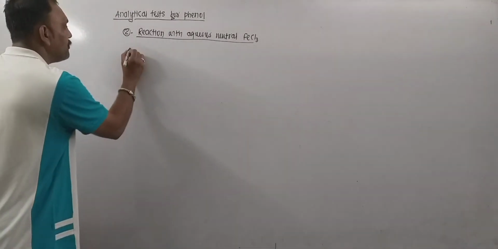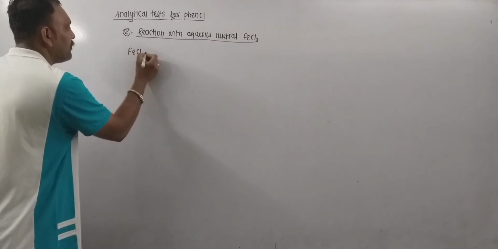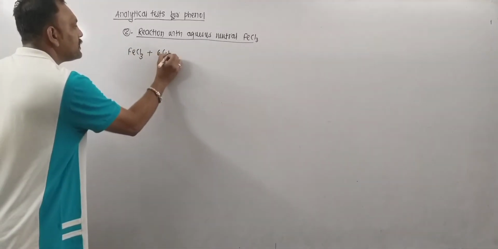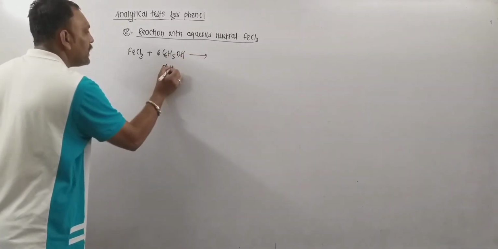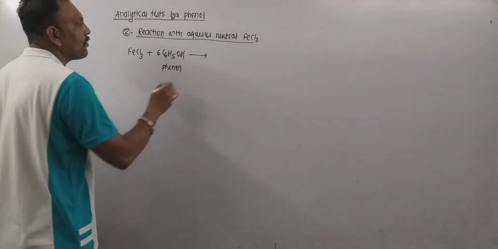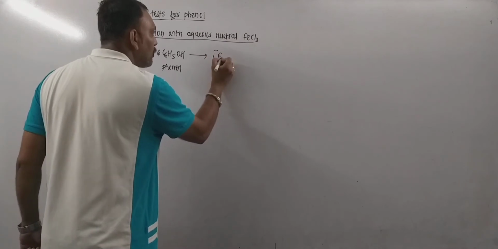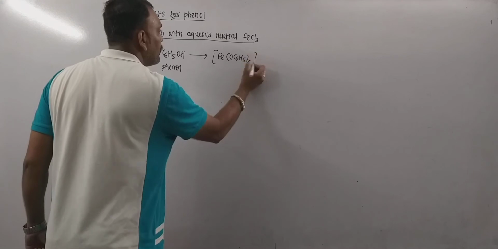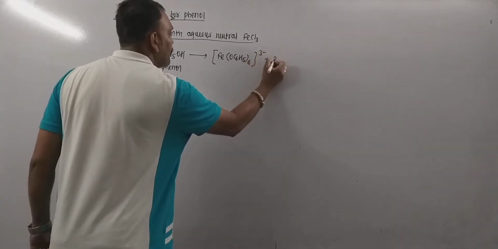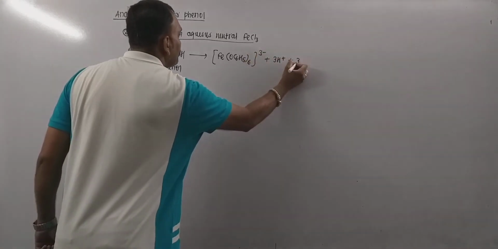So what happens when we treat phenol, that is C6H5OH, with aqueous neutral ferric chloride? As a result, a ferric phenoxide complex is obtained along with HCl.